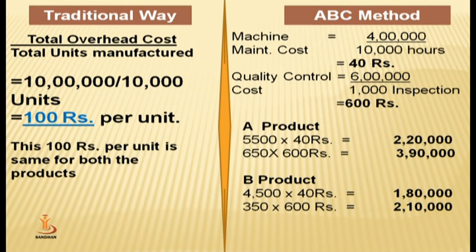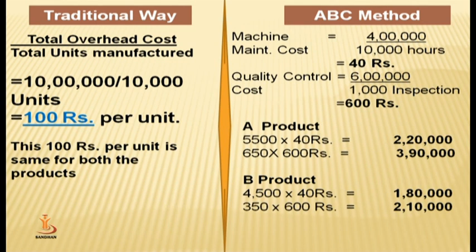Now we'll calculate product wise, as we have not done in traditional. For product A, the overhead cost: 5,500 hours of machine maintenance at the rate calculated above comes to 2,20,000. 650 inspections of quality control at 600 each comes to 3,90,000.